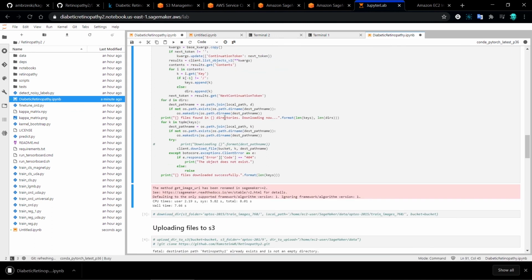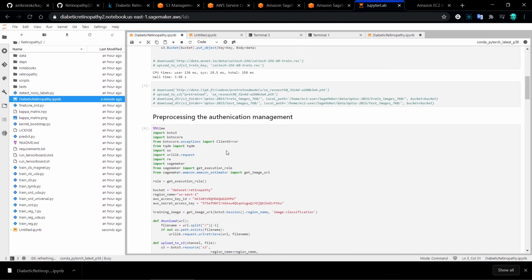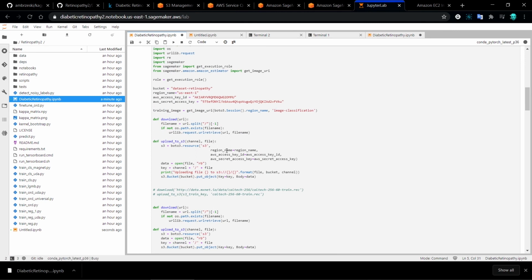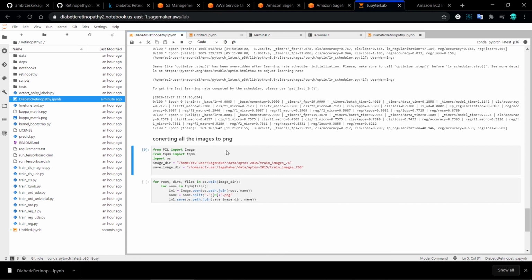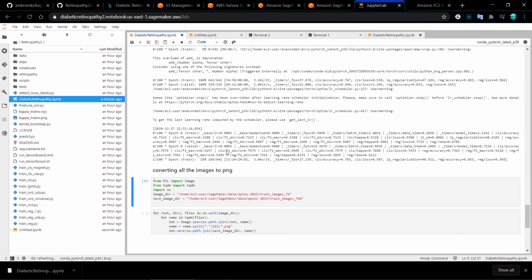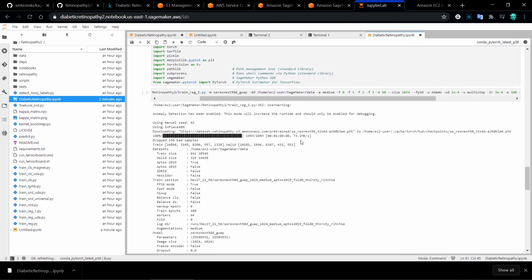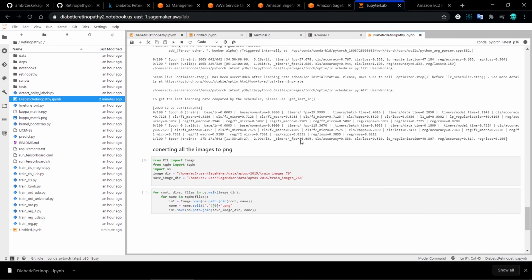I opened this one on the previous instance. This is also available here. And where am I actually running? Are both of them the same instance, or is this the real instance?